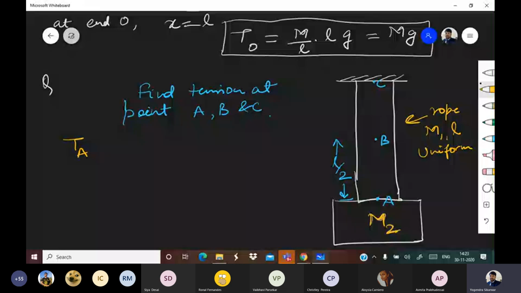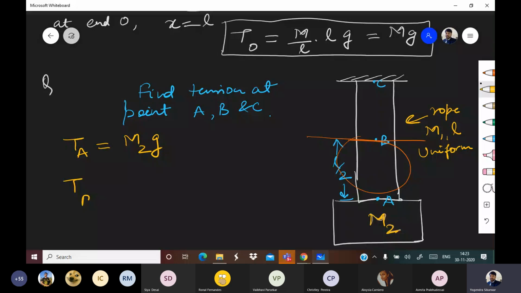Now, if you go to point B, and if you are cutting it from point B, this part of the rope plus M2 will be falling, and then you can see that TB is M2 plus half of m1. Half of m1 means m1 by 2 into g. This will be the tension at point B.